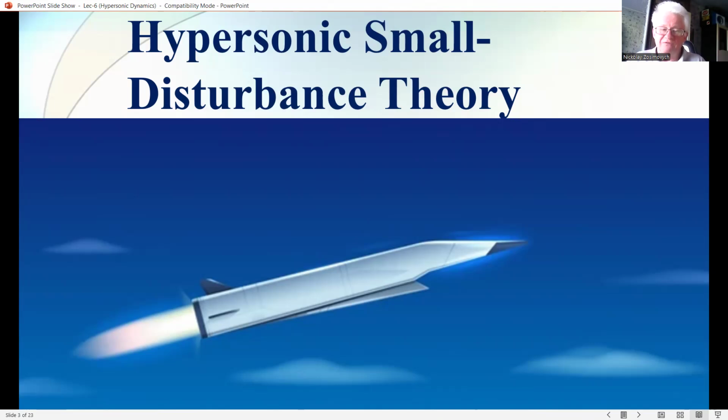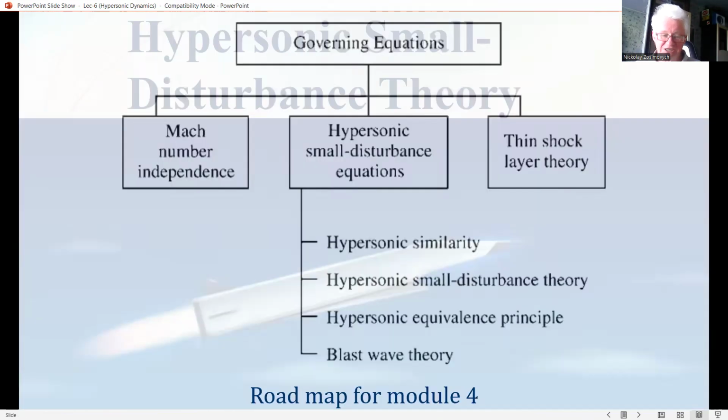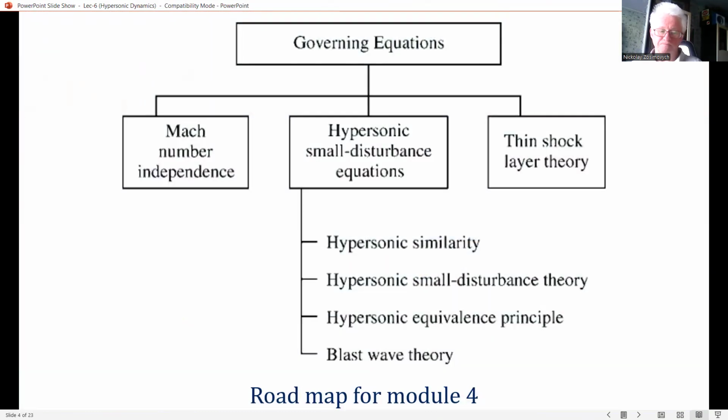And we have so far treated both the concept of Mach number independence and hypersonic similarity under this heading. Also, return to our chapter or module roadmap in this slide.